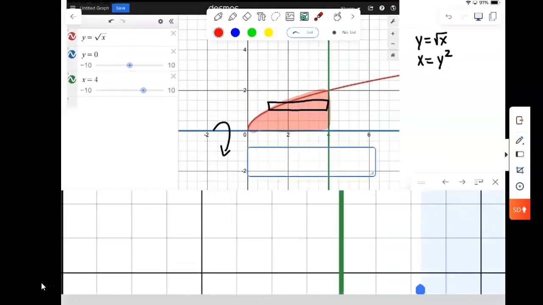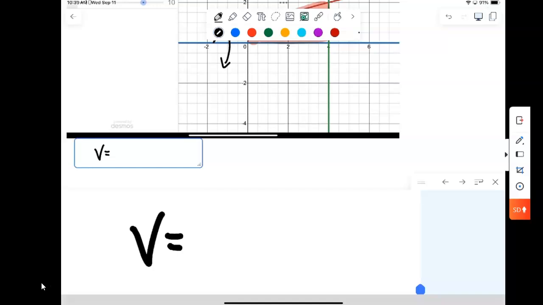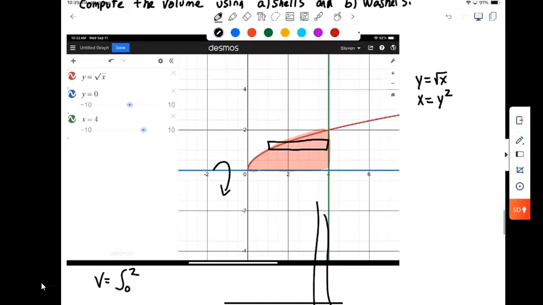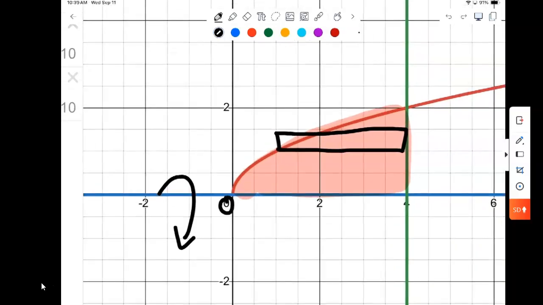So doing it with shells, we would have our volume, which would be the integral from 0 to 2, again going back to our picture here, 0 to 2 along the y-axis.